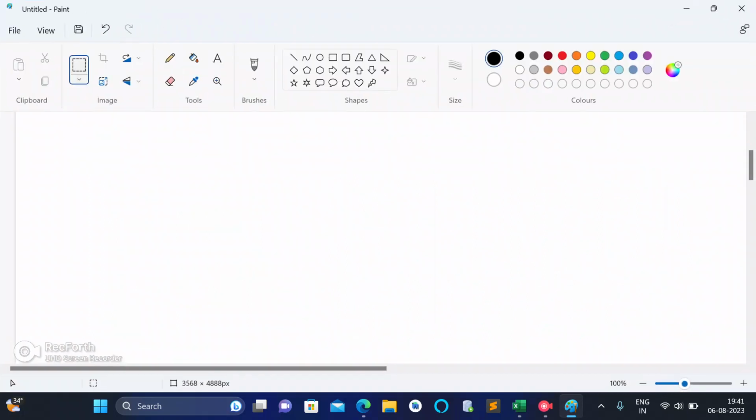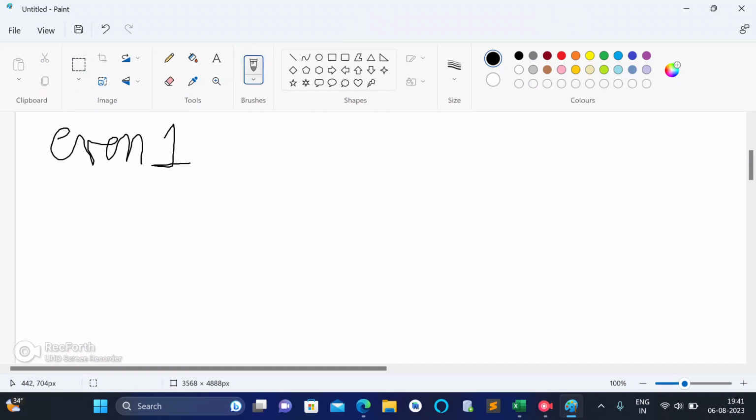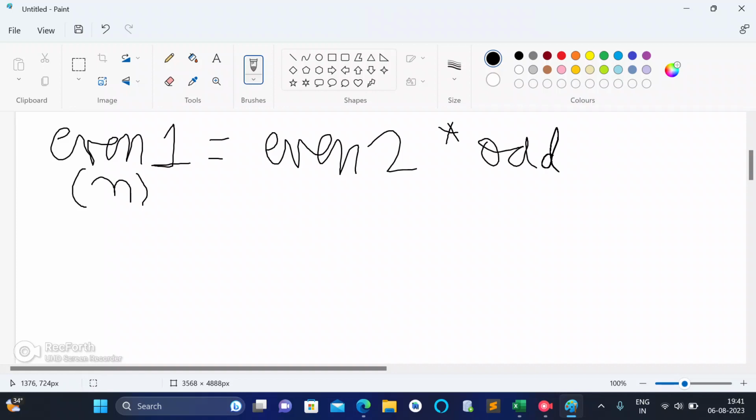What I'm saying is that our even 1 is actually n. I am discussing the cases when n is even. I have discussed the first case when n is a power of 2. Now I am discussing the second case, that n which is even can be represented in the form of even 2 into odd.